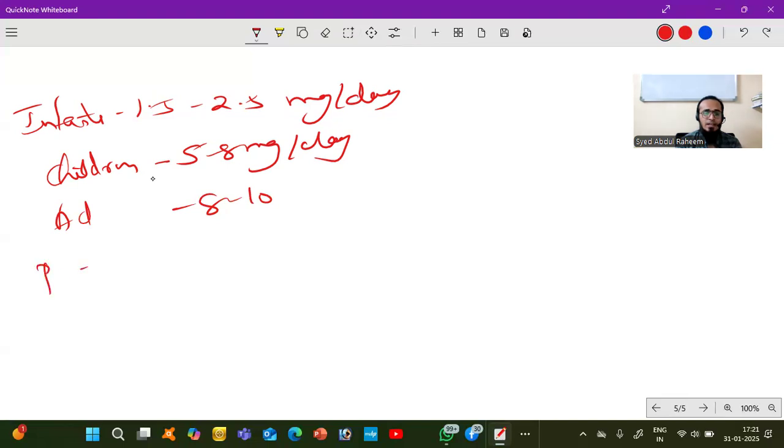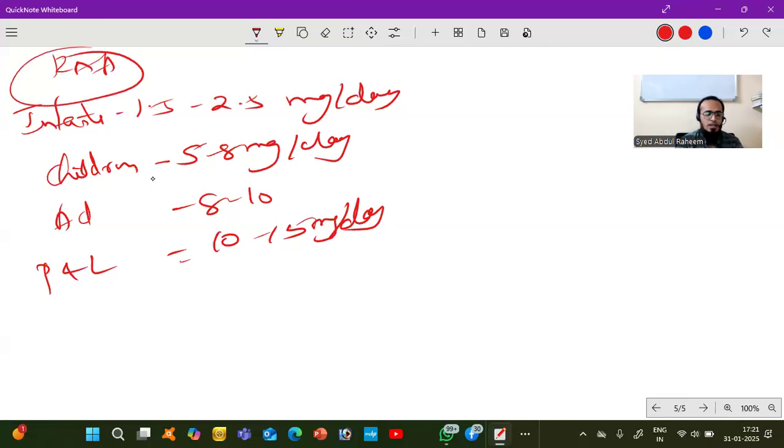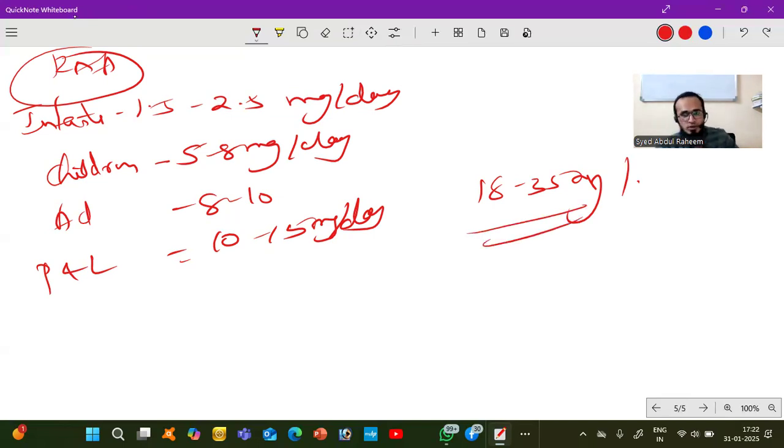Pregnant or lactating women 10 to 15 milligrams per day. So this is the normal recommended daily allowance. In the body, a maximum of 18 to 35 milligrams is accepted, and more than that, the body will release it in the form of urine.